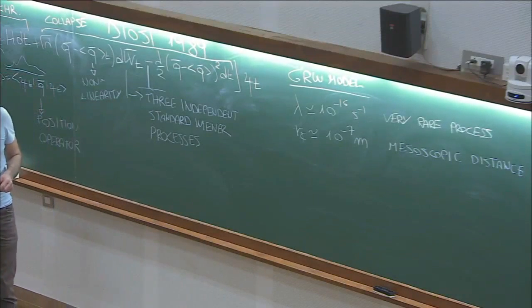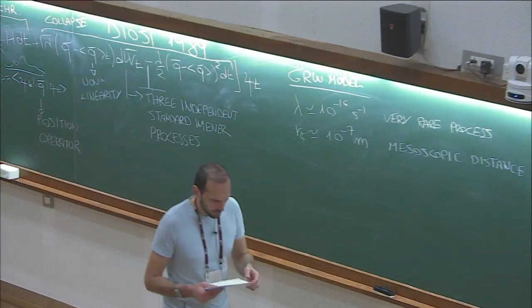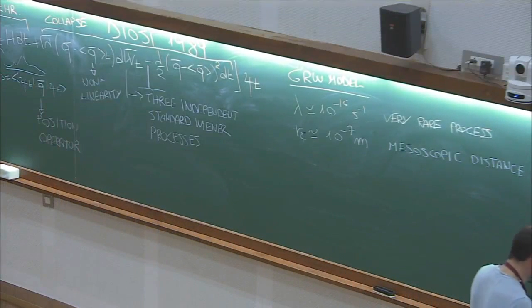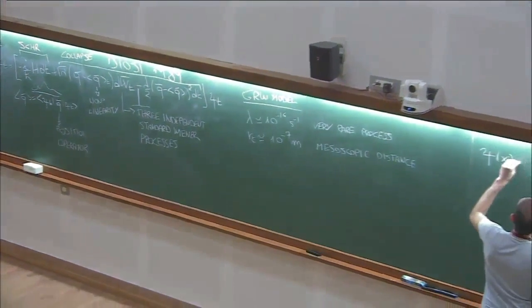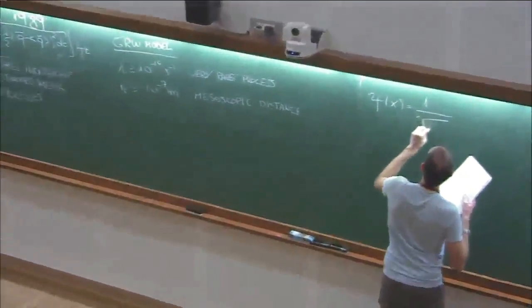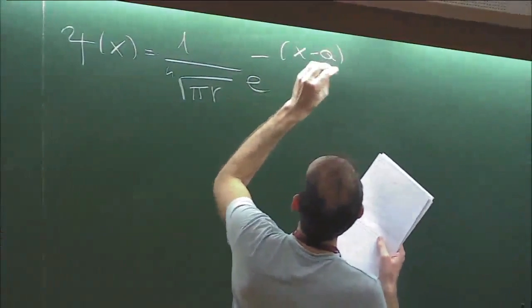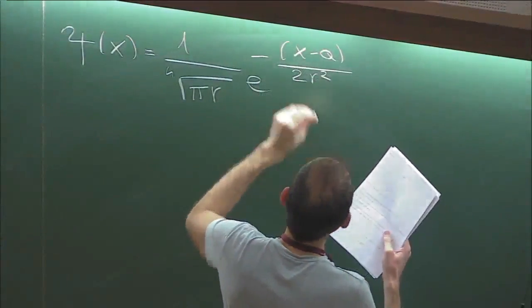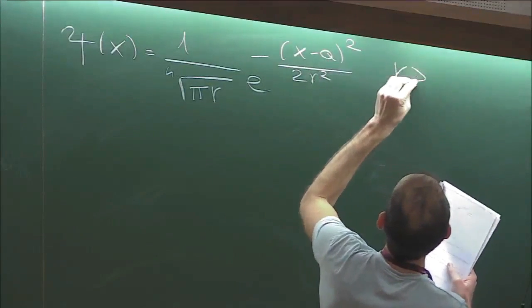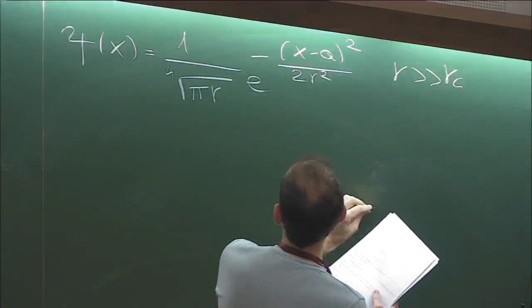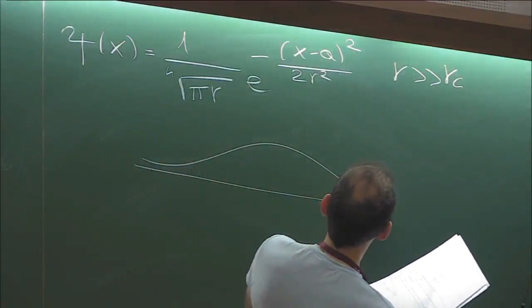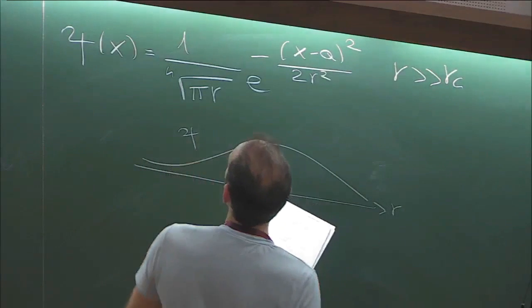It's the localizing Gaussian. Okay, so let's make a few pictures to understand what that is. Let's consider, at the moment, one particle in one dimension. We take a Gaussian wave function.